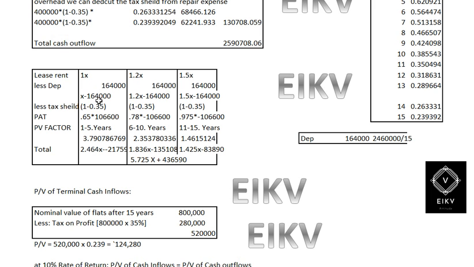Therefore the profit will be x minus depreciation, and then we need to deduct the tax.